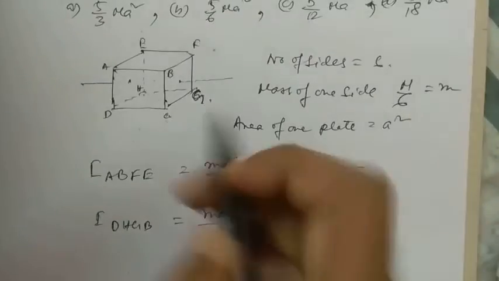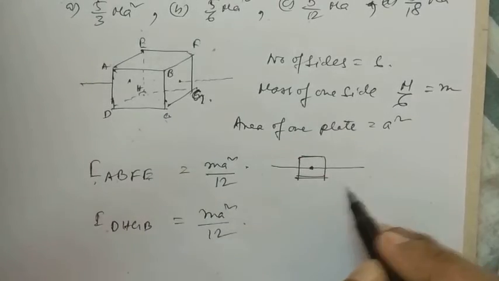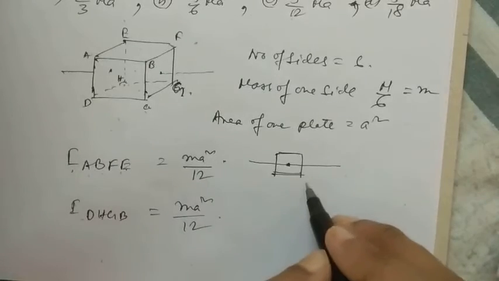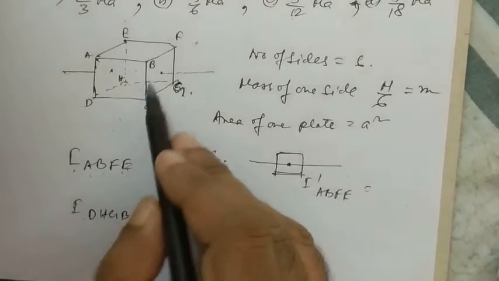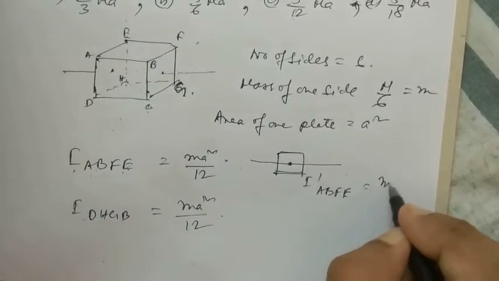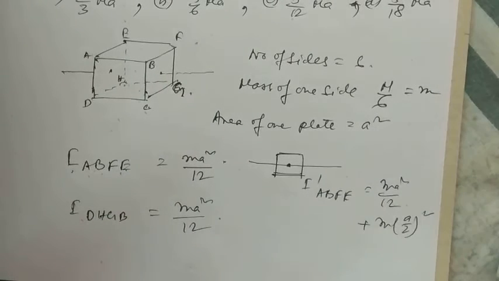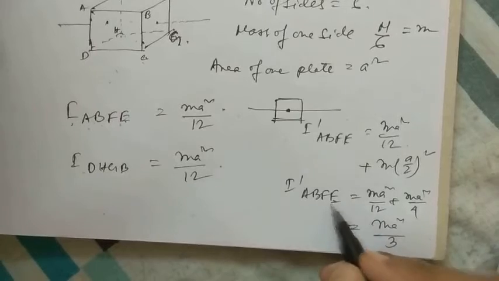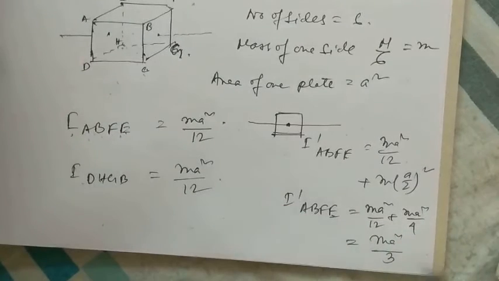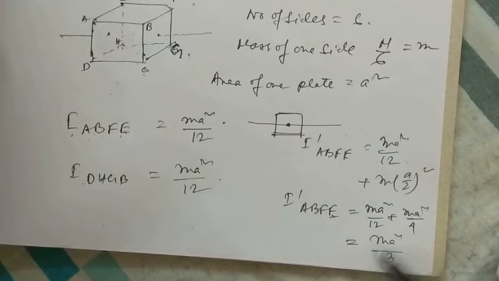So we have to shift the value of I dash of ABFE by a distance of a by 2. So ma square by 12 plus m a by 2 whole square. So I dash of ABFE will be ma square by 3. So ma square by 12 plus m a by 2 whole square becomes ma square by 3.